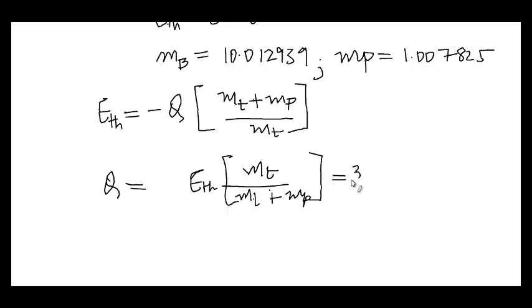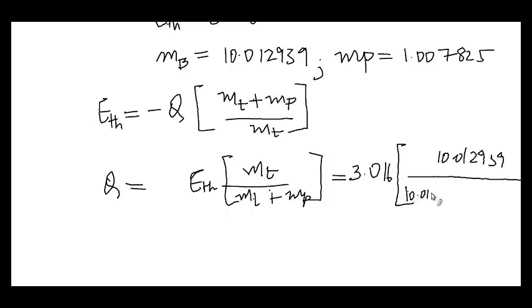Substituting these values, you have 3.016 into 10.0129939 divided by 10.0129939 plus 1.0078.